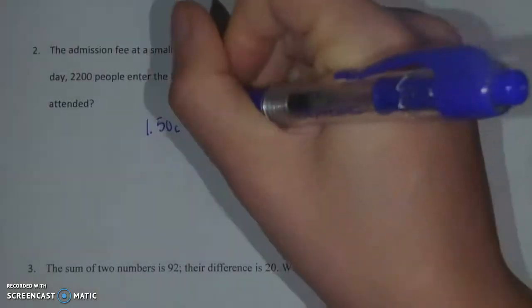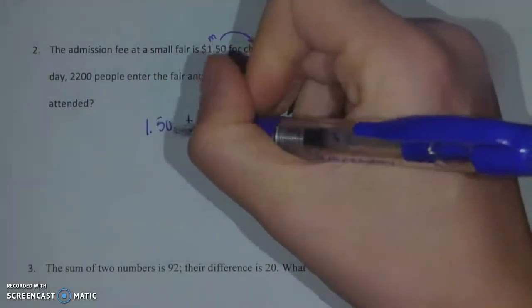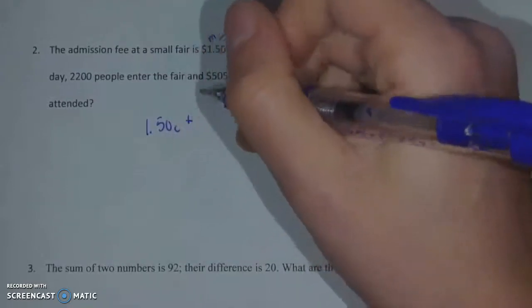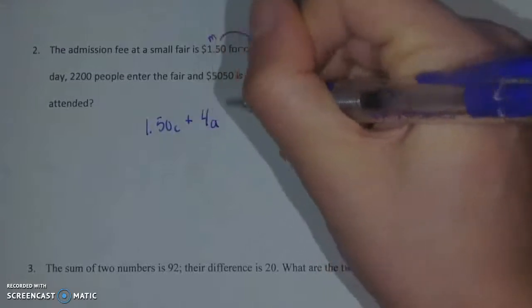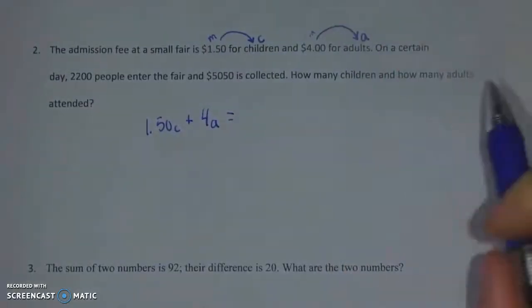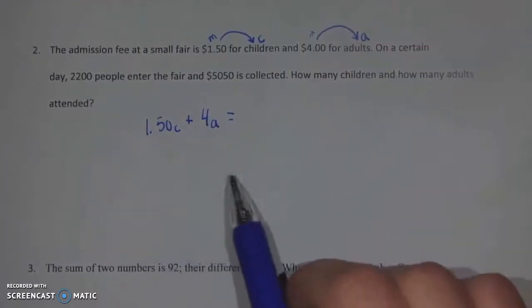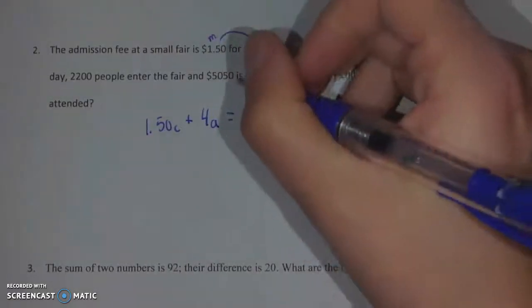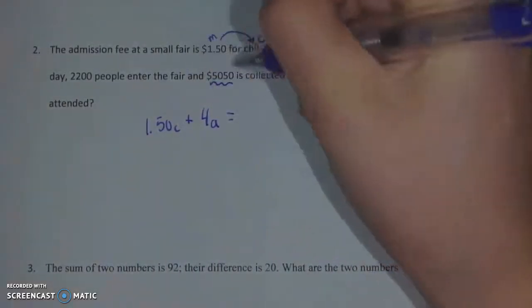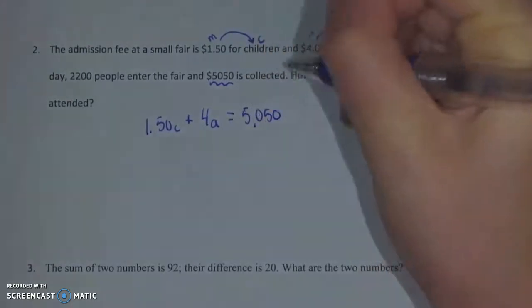So if I wanted to find out the total amount of money that they took in, it would be $1.50 times the number of children plus $4 times the number of adults. And if I look at my remaining numbers, what will this monetary total add up to? Well, it's going to add up to the money total, which is $5,050.